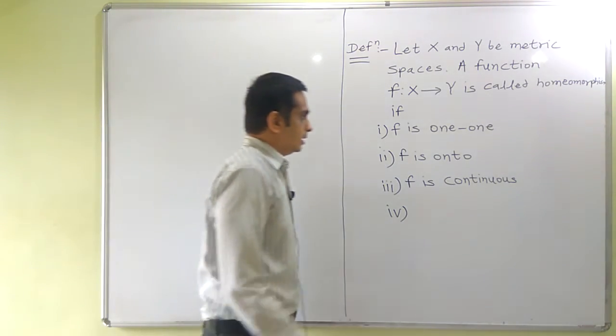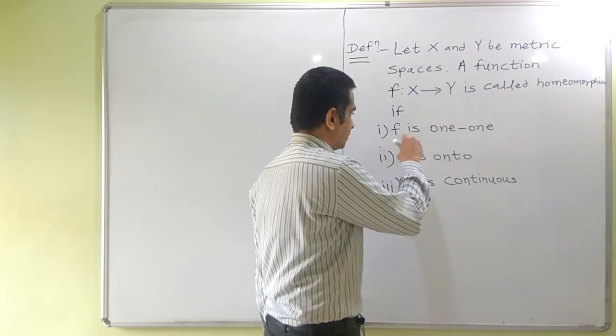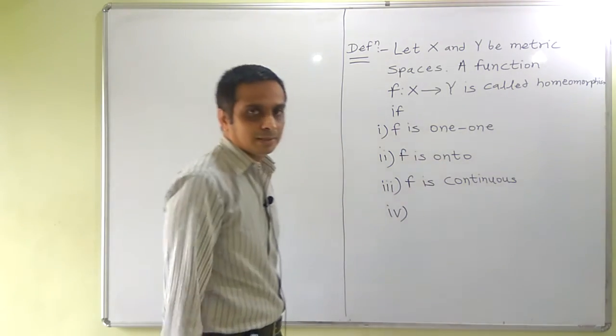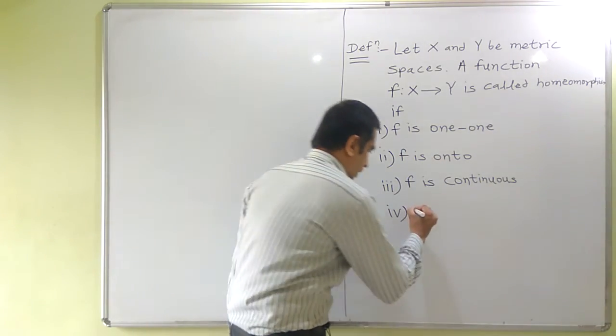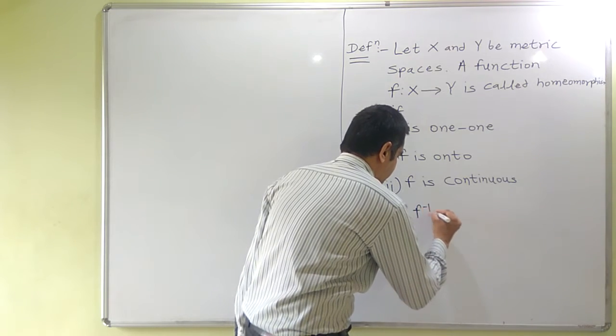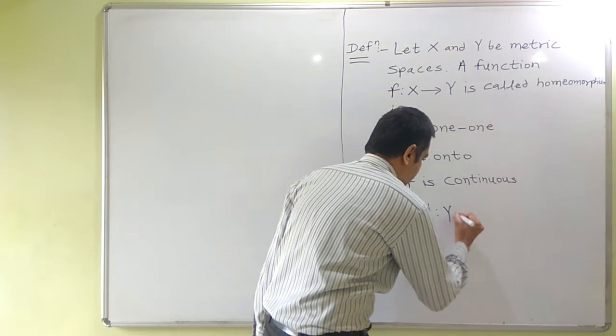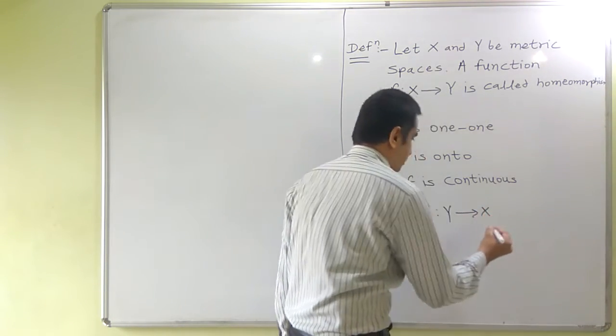Note that f inverse is defined because f is one-one and onto. It is a bijective function, and f inverse, which is a function from Y to X, is continuous.